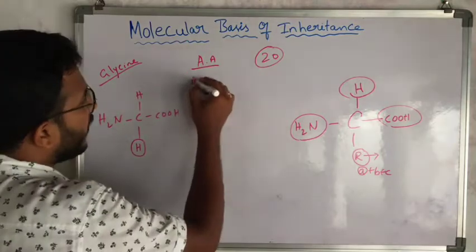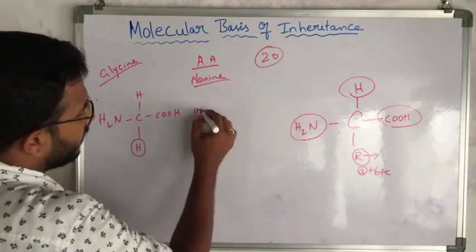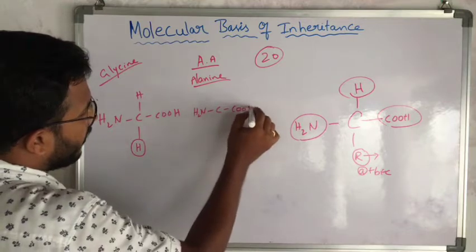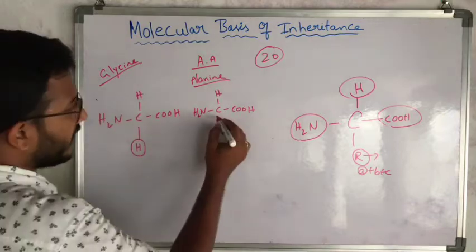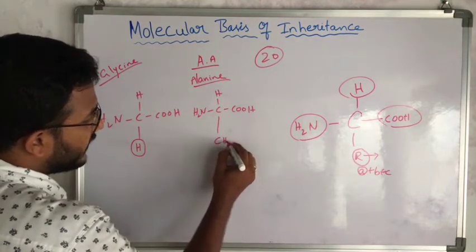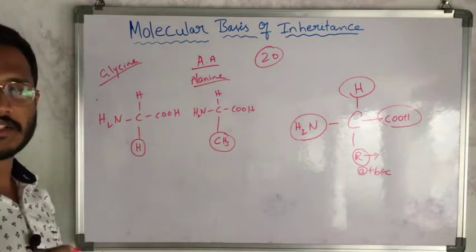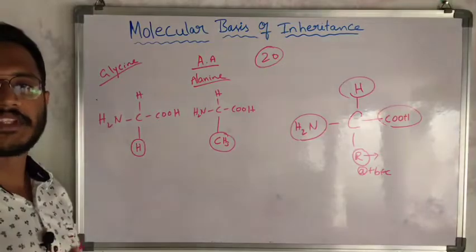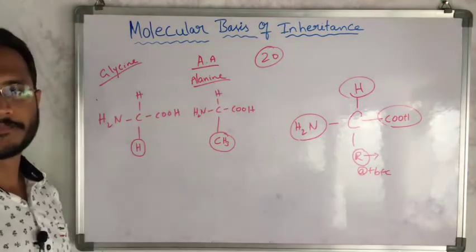And take another amino acid, alanine. Same structure, everything is the same, and only the functional group in the place of R is different. Here we have CH3, a methyl group. If someone asks which amino acid has a methyl group, you have to say that is alanine.